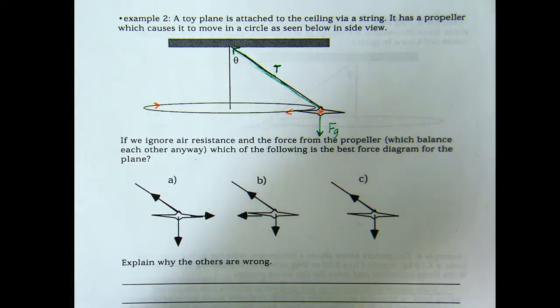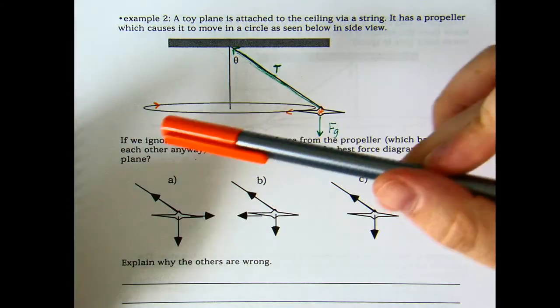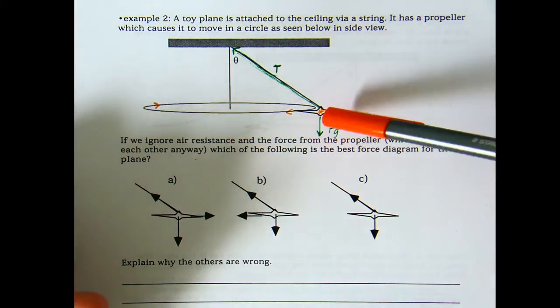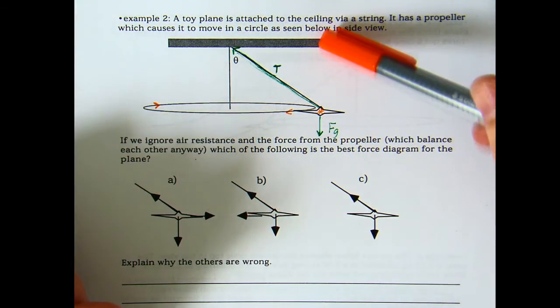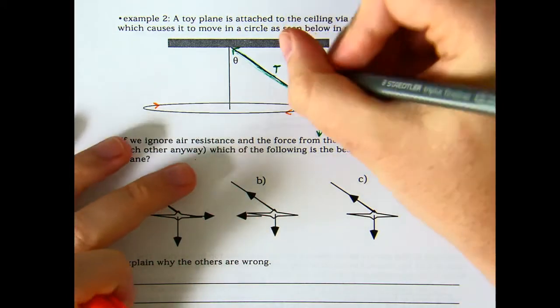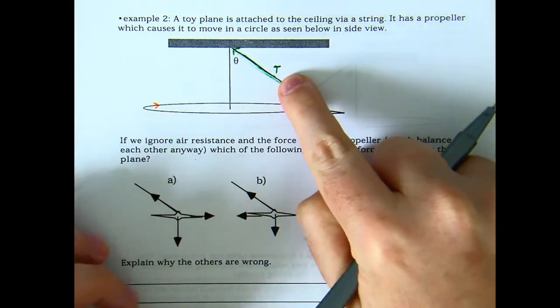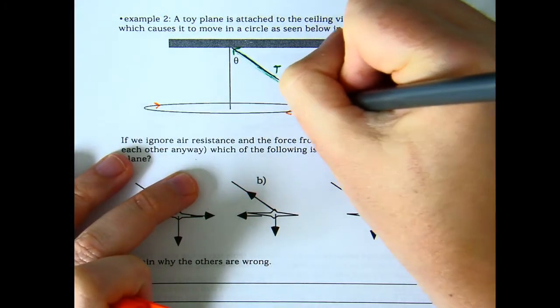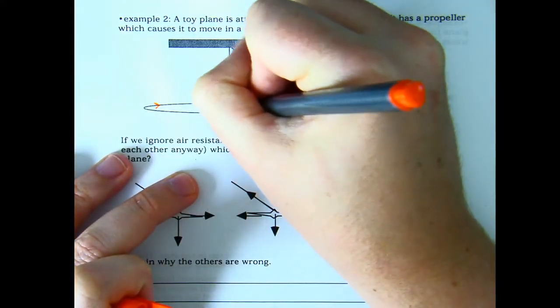In a circle means that there has to be some sort of inward acceleration or inward force to the center of the circle. And because this thing is not raising or falling, we know that something has to be balancing out gravity. Well, we can break the tension up into components here. We can see the tension's going off at an angle. So there's actually a component of tension.